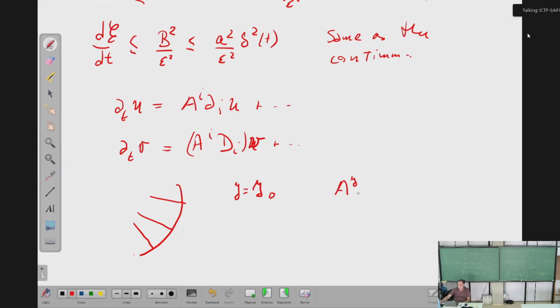And so what you have to do is find which are the eigenvalues which are positive or negative for this matrix. So you have to diagonalize the matrix.